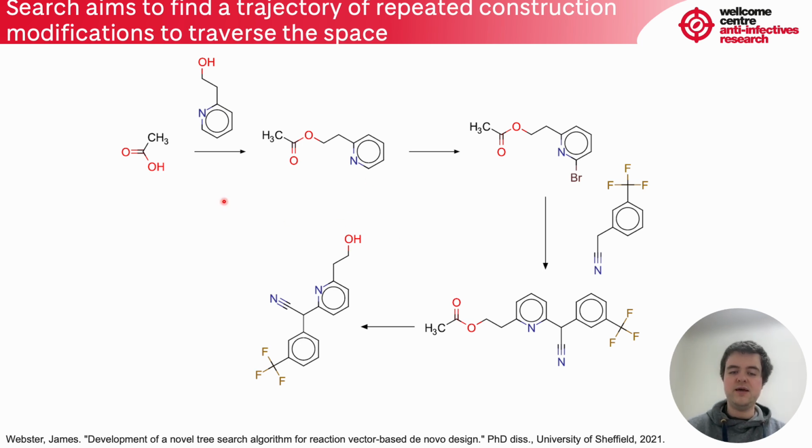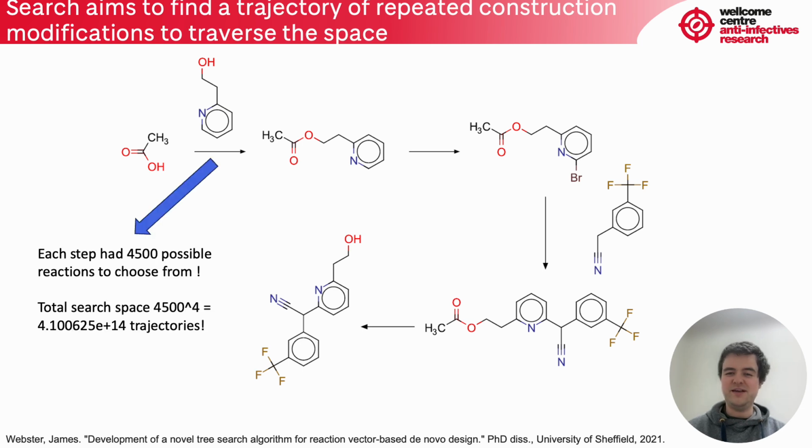So, for example, here, using reaction-based design, you can start from this small molecule and apply 1, 2, 3, 4 different transformations in series, and this will be able to then traverse the space.